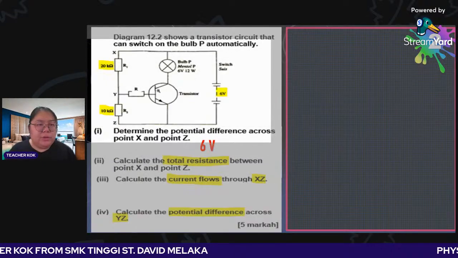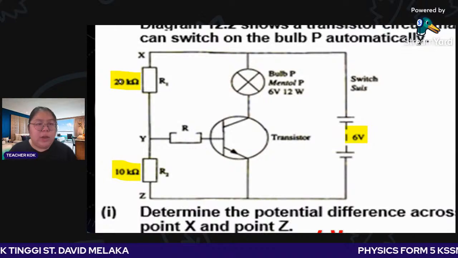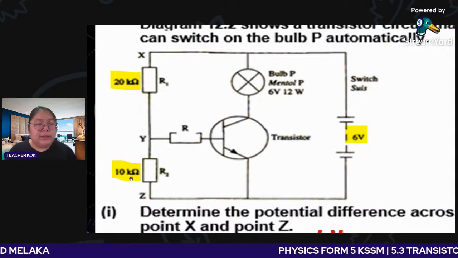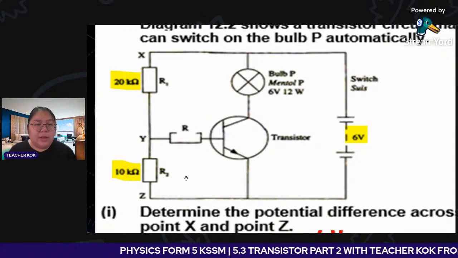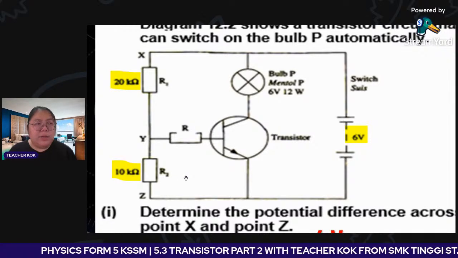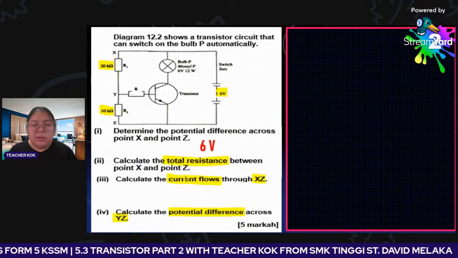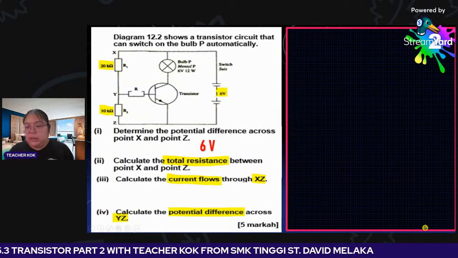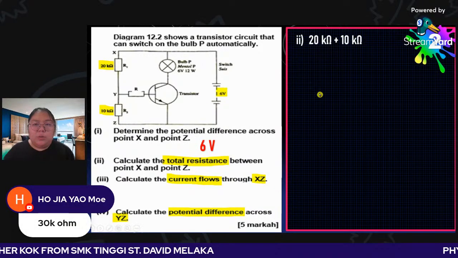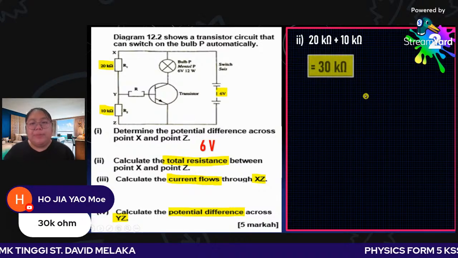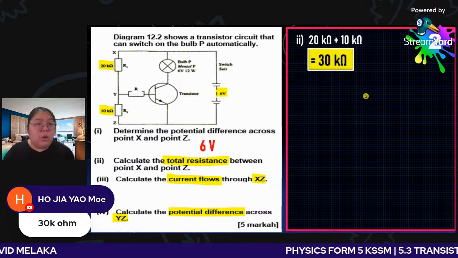I focus for you so you can see clearly. This one is 20K. This one is 10K. So after that, tell me the total resistance is how many? Okay, 30 kilo ohm. Jaya gave me 30 kilo ohm. We just add, right? Simple. So 30 kilo ohm.